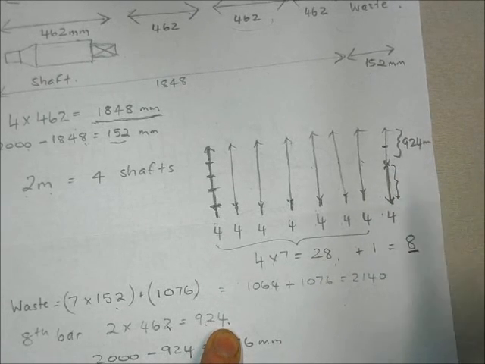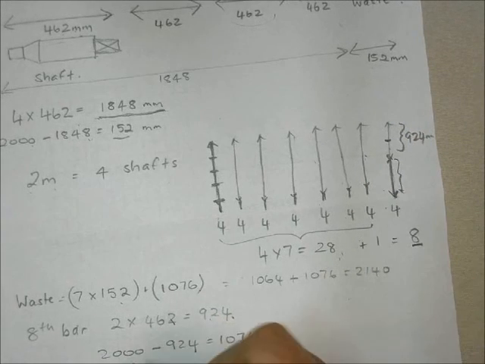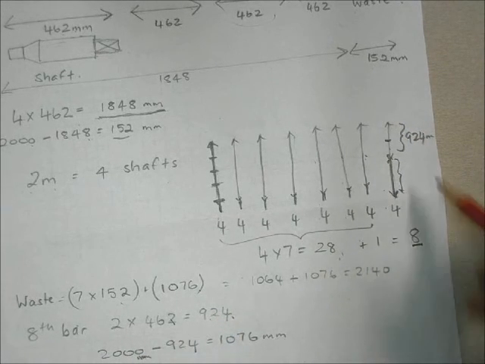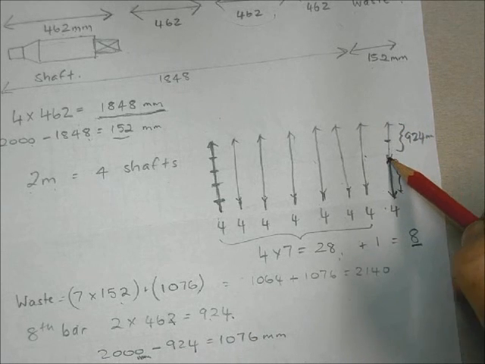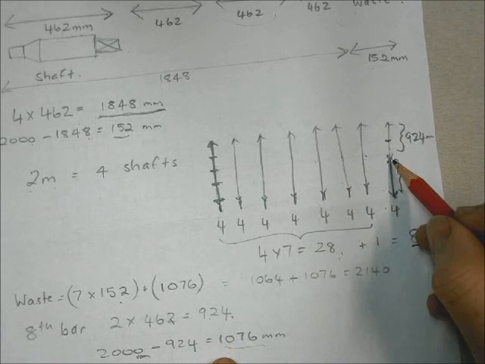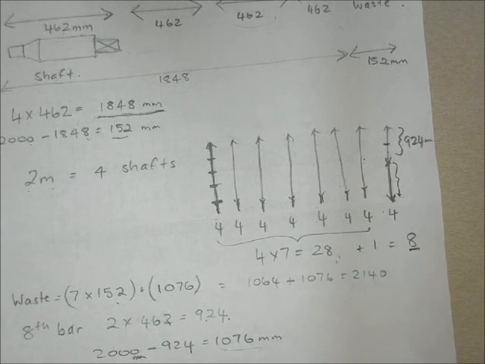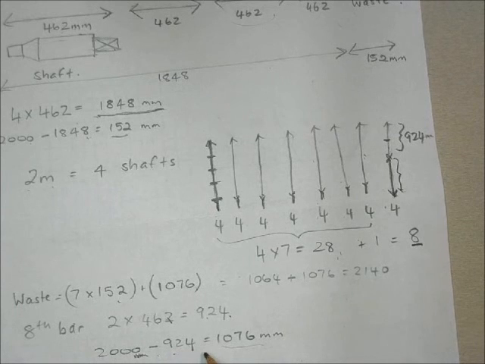To find this value, we have to take our total length of the bar, which is 2000 millimeters, subtract what we'll be using to make the shafts, and we'll be left with the amount of wastage on this bar here. Okay, so 2000 minus 924 is 1076 millimeters.